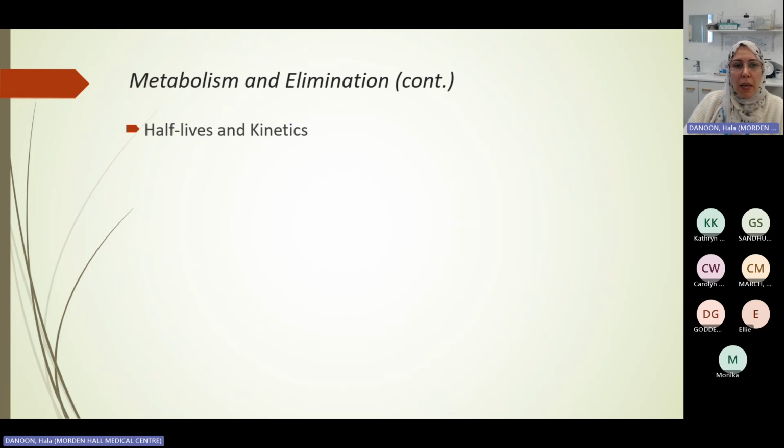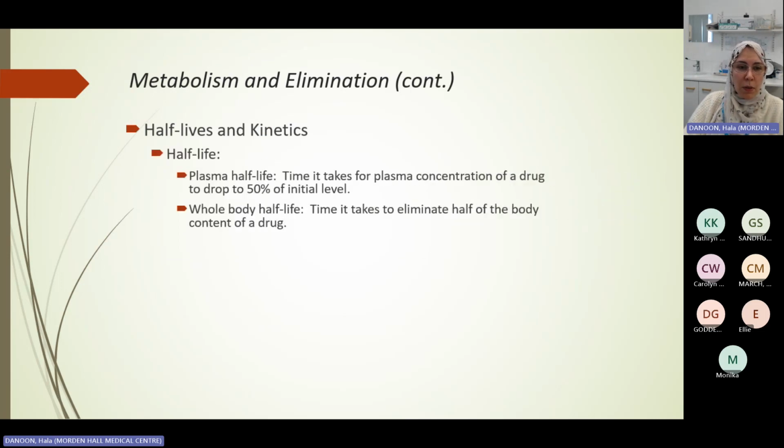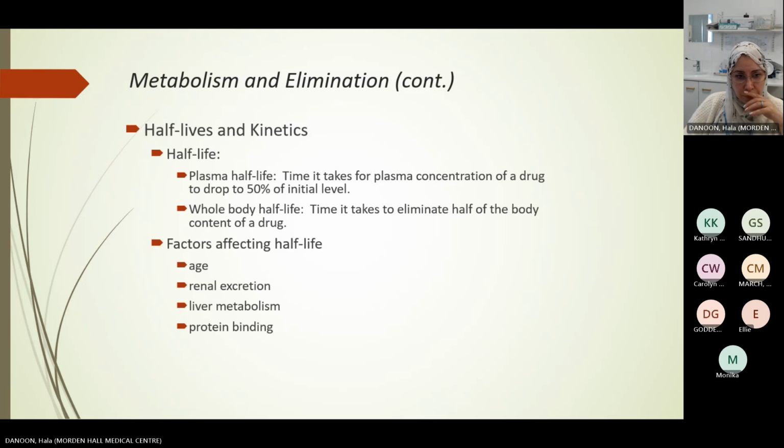Now, metabolism and elimination. There's something called half-life, which is the time it takes for the level of the drug to drop by 50% from the initial level. Whole body half-life is the time it takes to eliminate half of the body content of the drug. Some factors can affect the half-life, which is age.